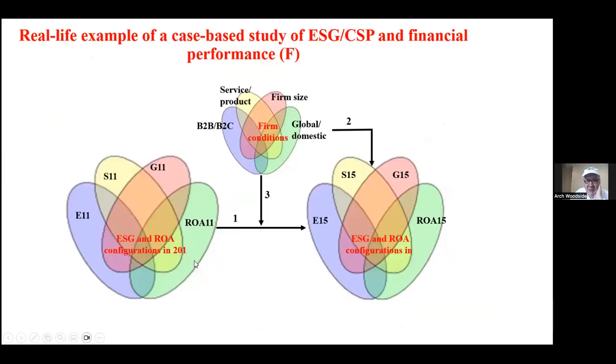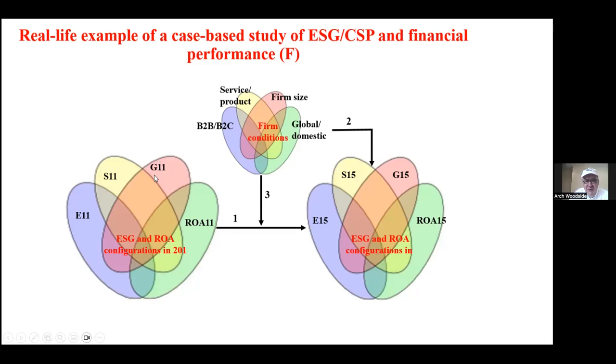And so what we're actually going to look at is ESG, which is a measure of corporate social performance that companies are mandated to provide information on in the developed world. So we have environmental, social, and governance, and this is for 2011.